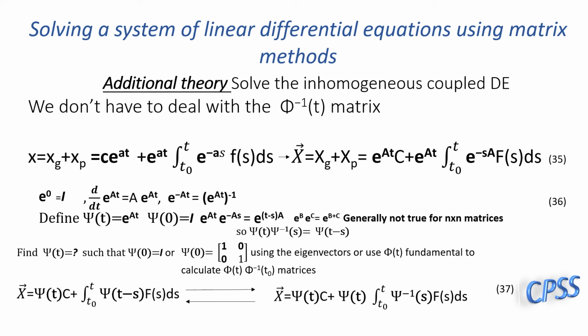which we can use in equation 37. You can see in equation 37 how similar they are. But the difference is that your fundamental matrix on the right side is outside the integral, and on the left side you have the difference t minus s of the fundamental matrix.